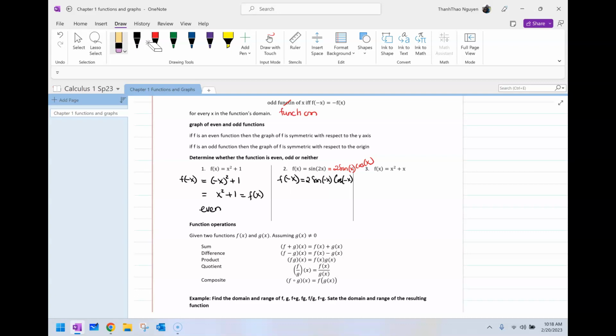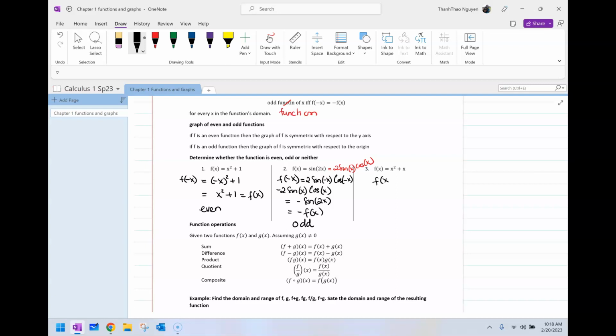I know that sine of negative x equals negative sine of x. So this equals negative 2 times sine x times cosine x. That equals negative sine of 2x. And that is the same as negative f(x). So this function here is odd.